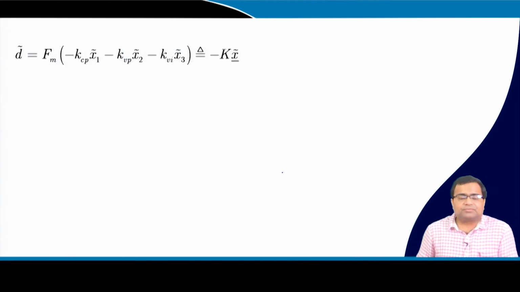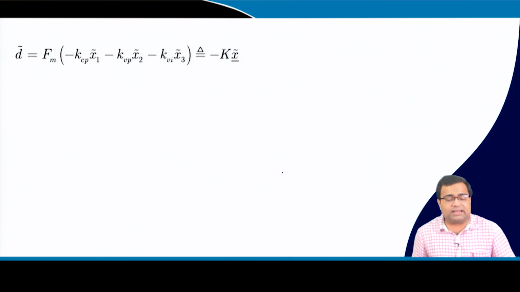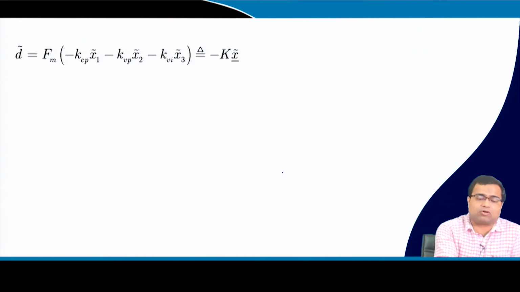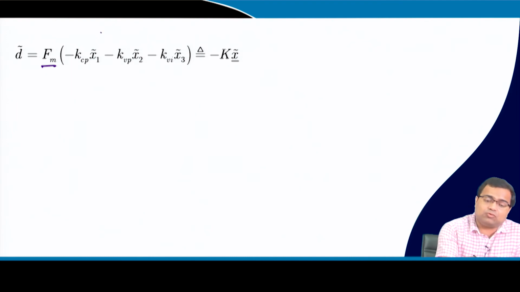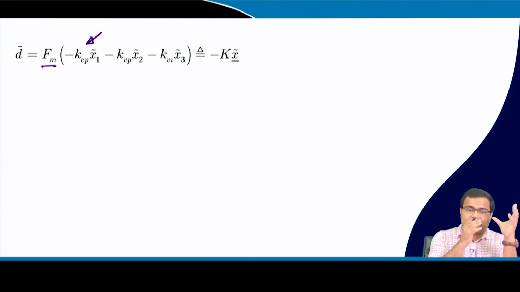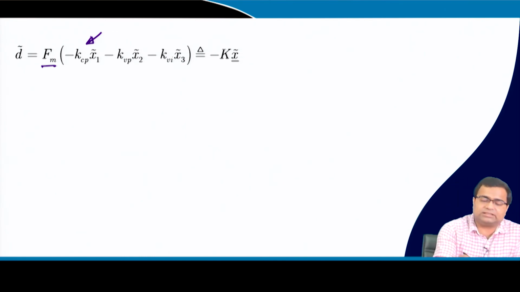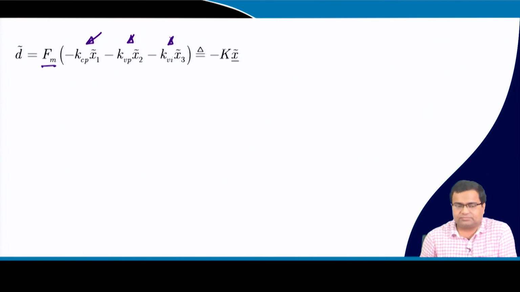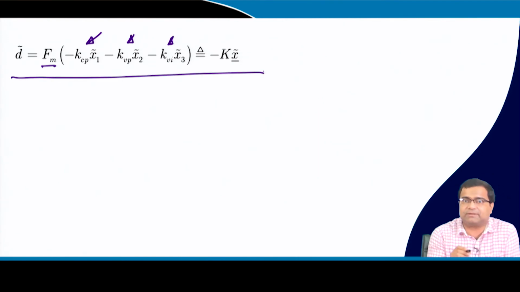Now if we take the duty ratio, it is the combination of the modulator gain. Now we are taking the current loop gain Kc, because in current mode control we can also consider a current loop gain, that is this, and this is the proportional gain of the voltage controller, and this is the integral gain of the voltage controller, and we can write in terms of state feedback form.